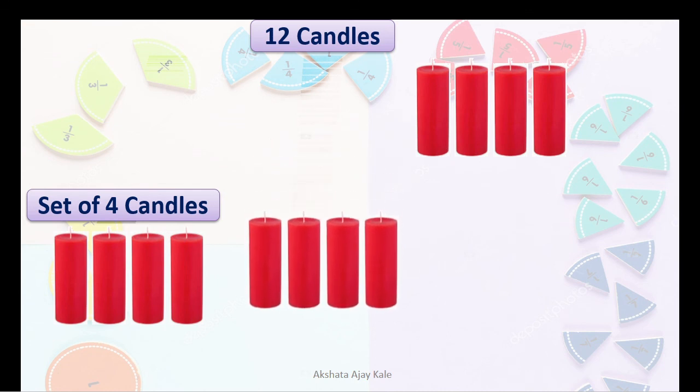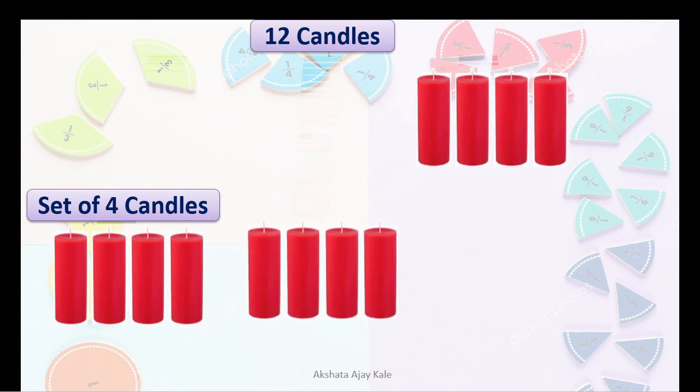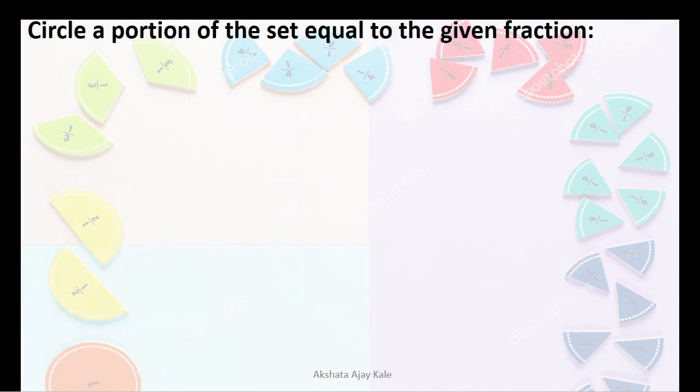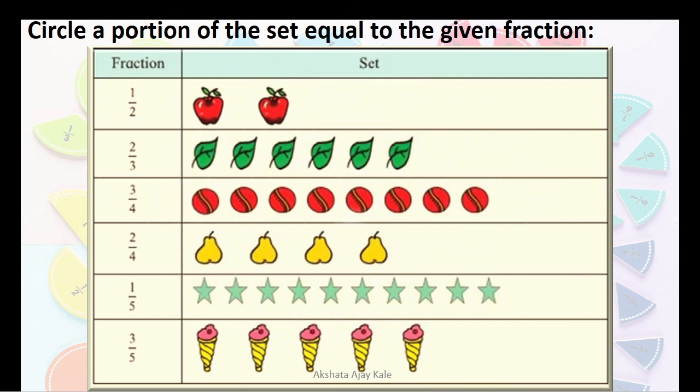These 4 in the second group. And these 4 in the third group. Means we got only 3 sets of 4 candles each. Right?